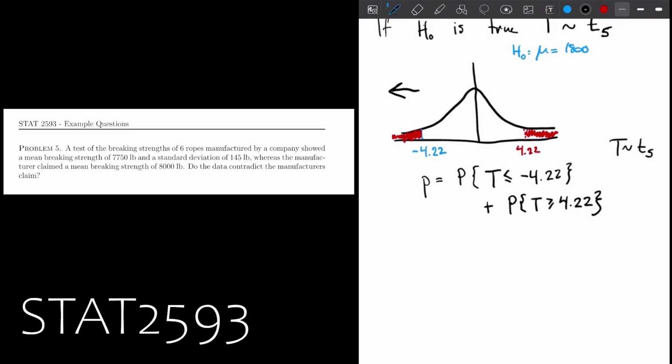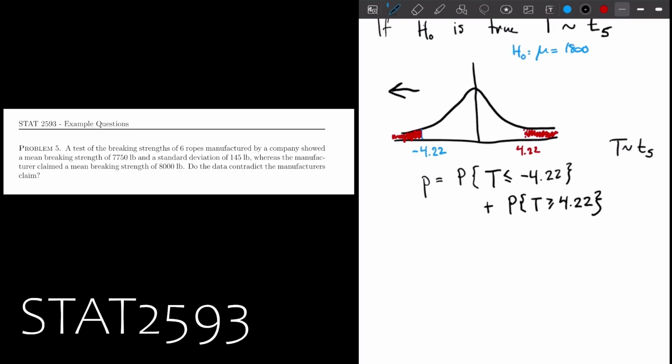Now, each of these probabilities is going to be exactly the same because the T distribution is symmetric about 0, right? And again, we're not actually going to ever be computing these probabilities by hand. Instead, we'll rely on software or on tables in order to find those. But this is our distribution coming from a T5 distribution.